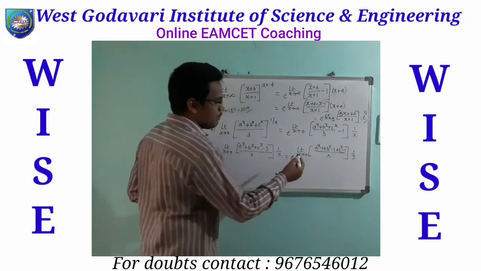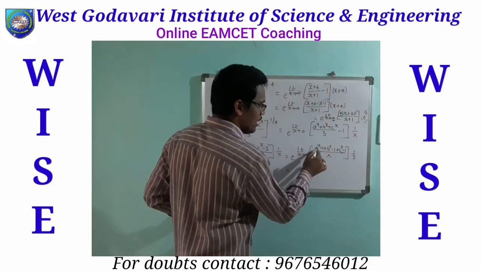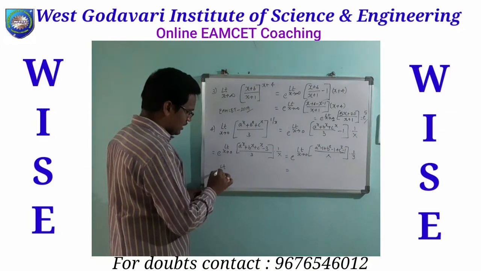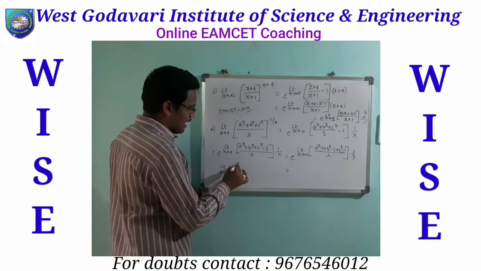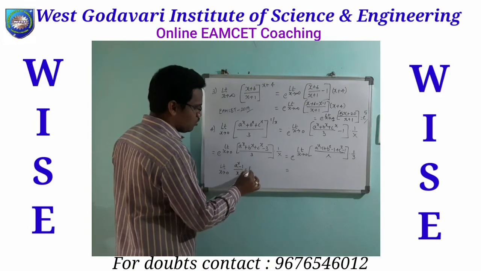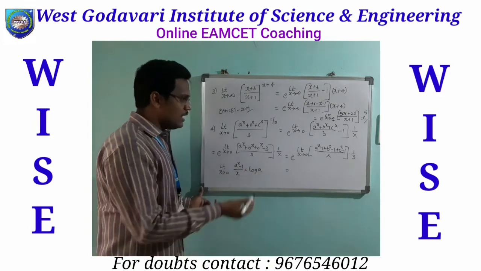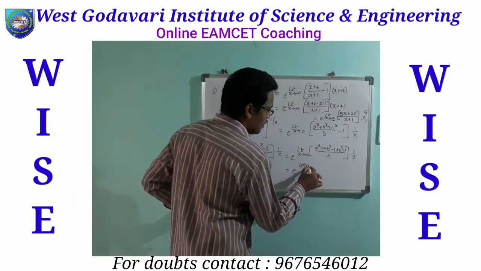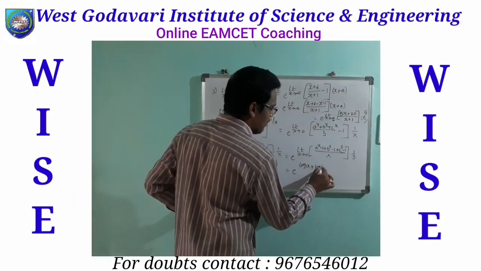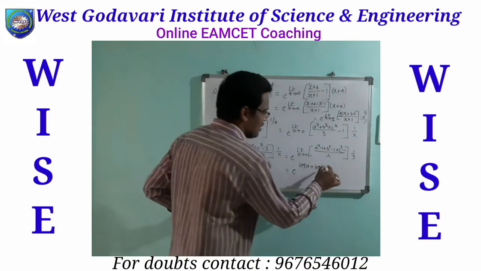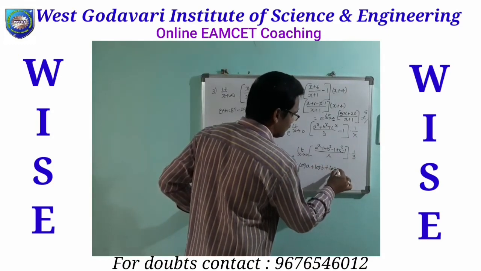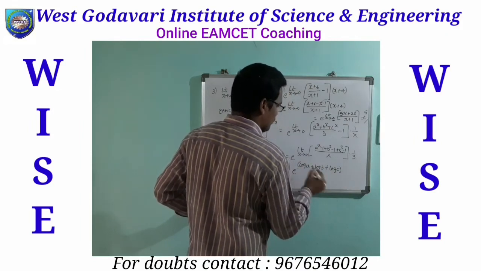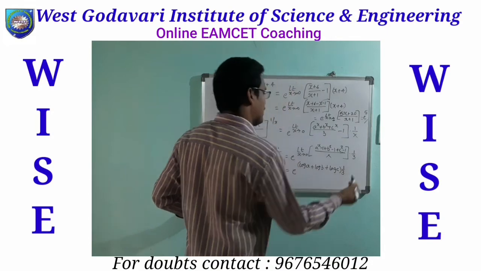So here, observing the limit x tends to 0, a power x minus 1 by x, we have a property for that. Limit x tends to 0, a power x minus 1 by x is equal to log a. So here also the same. By applying the formula, log a plus log b, b power x minus 1 by x, plus log c, into 1 by 3.